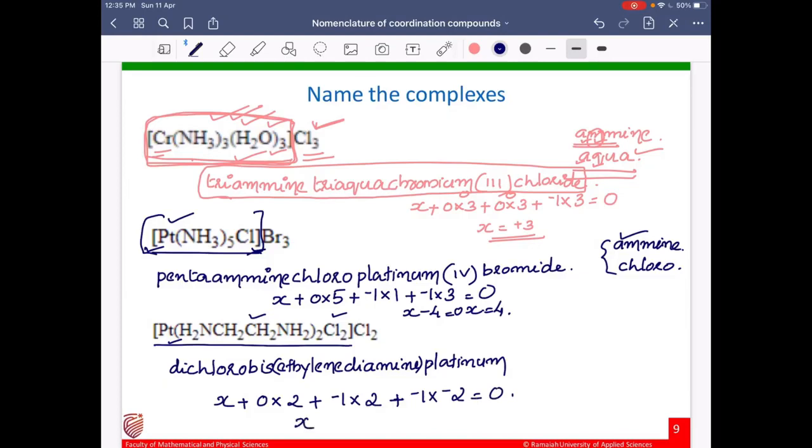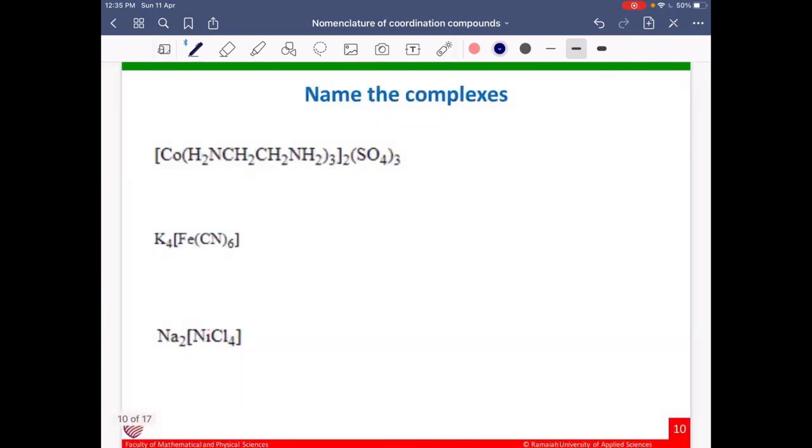So X minus 2 equal to 0. So X equal to plus 4. So I have to write the oxidation state of platinum as 4. Then the anionic part is chloride. So we finished 3 examples.